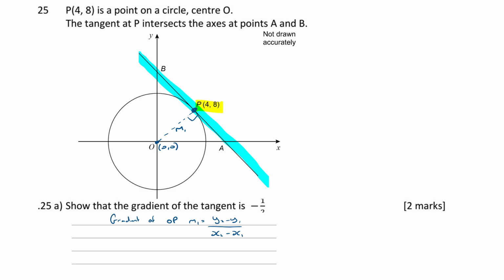So I take my two y values and take them away from each other. So the y values are 8 and 0. So 8 subtract 0 divided by my x values, which is 4 subtract 0. 8 divided by 4, which is equal to 2. So the gradient M1 is 2. We know that OP is perpendicular to PT. What are they calling it? Okay, let's call it PA.